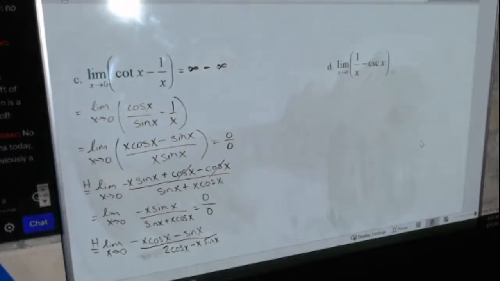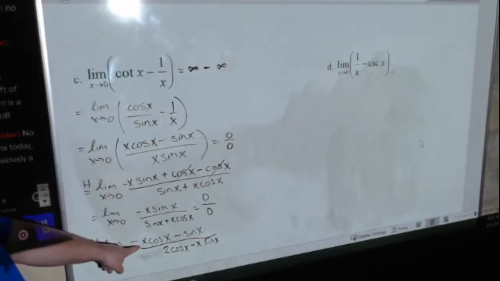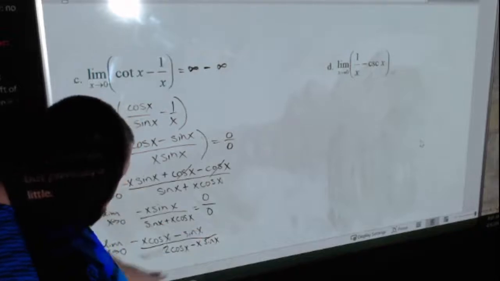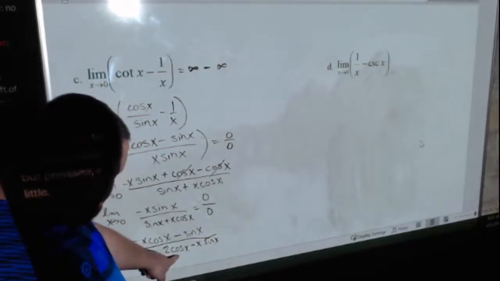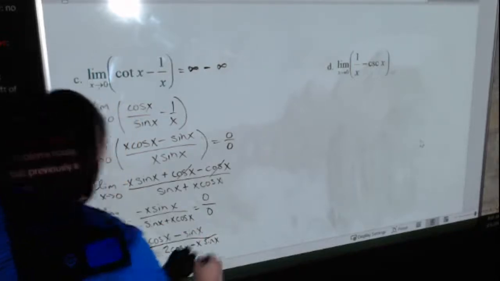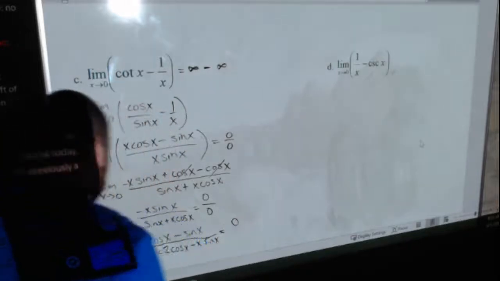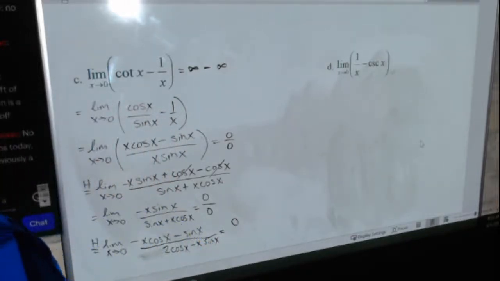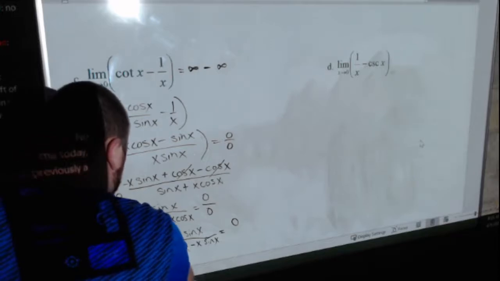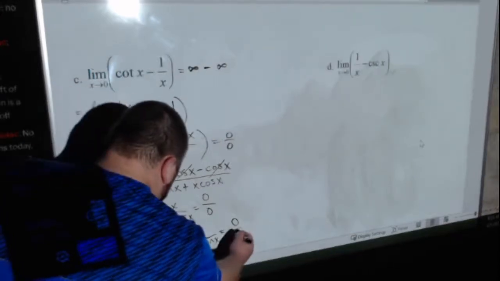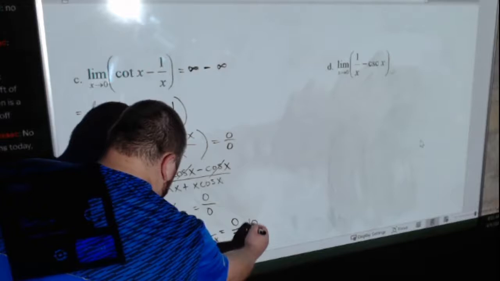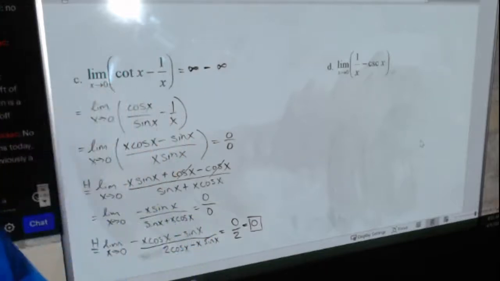Plug 0 in again. Well, that's going to be 0, that's going to be 0. That's not going to be 0 for once, so that's good. So on top we have 0. And on the bottom, we're going to get 2 minus 0. So we get 0 out of that.